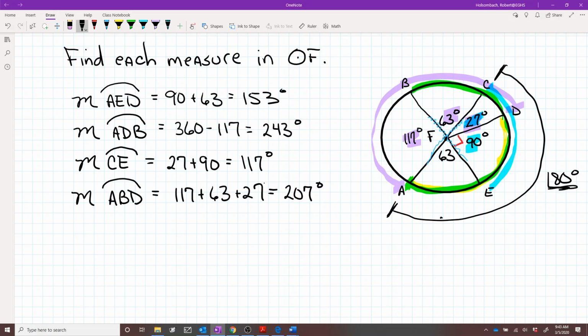Any questions about finding the measures of adjacent arcs? It's like adding segments together or adding angles together. You're just adding arc measures together.